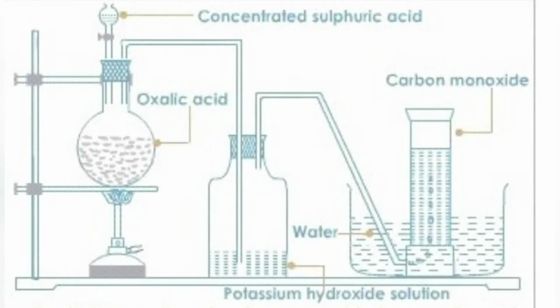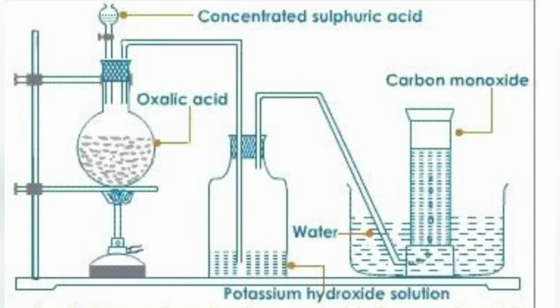In the laboratory, we prepare carbon monoxide by dehydrating either oxalic acid, which is also called ethanedioic acid, or formic acid, which is also called methanoic acid, with concentrated tetraoxosulfate 6 acid. This actually results in the formation of both carbon 4 oxide and carbon 2 oxide in the case of ethanedioic acid.